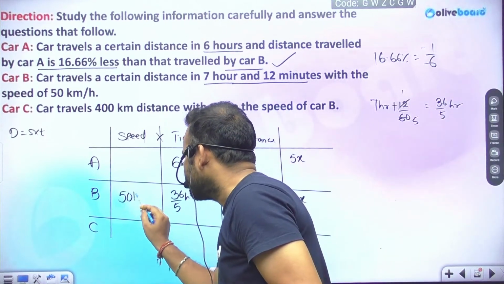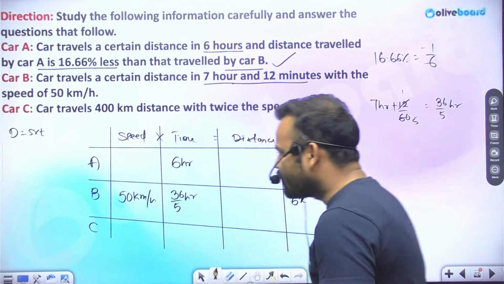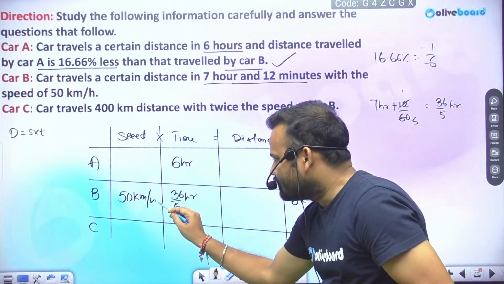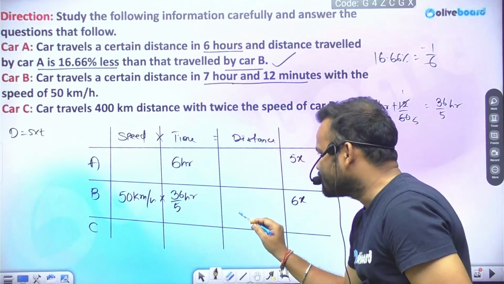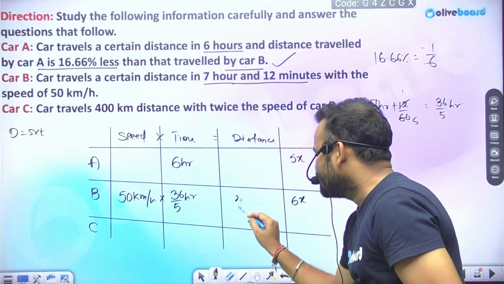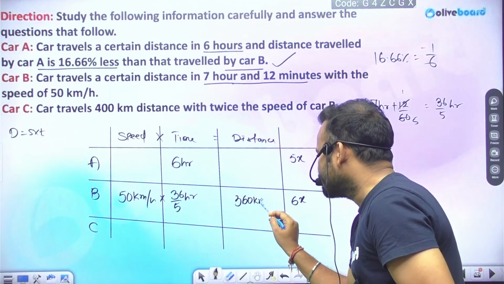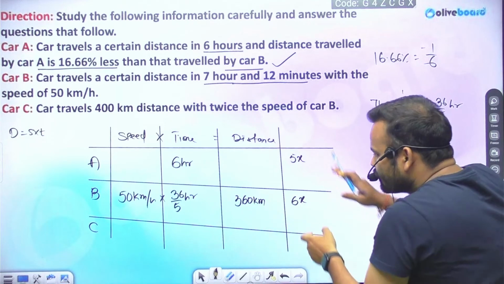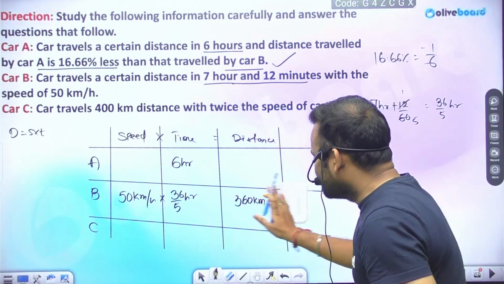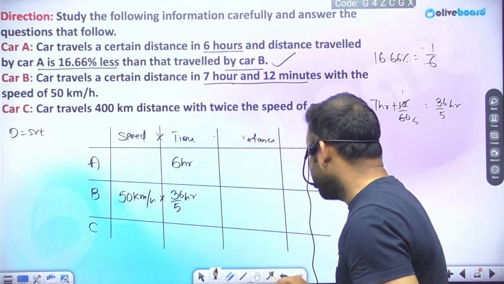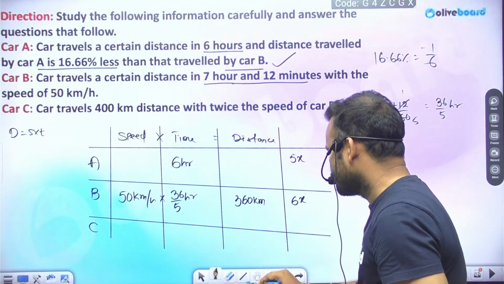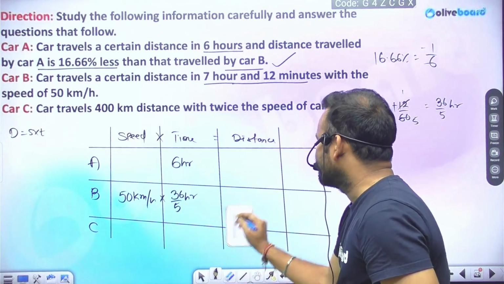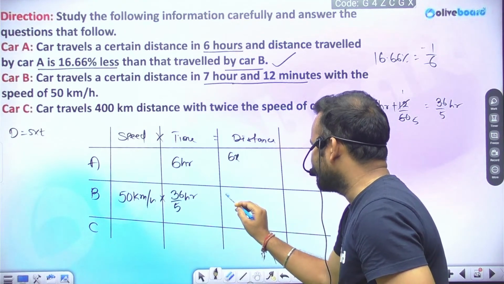Speed is mentioned over here. The moment I have the speed and the time, multiply both numbers and you get the distance, which is 360 km, isn't it? So 360 km was the distance. The distance was in the ratio of 6x and 5x.